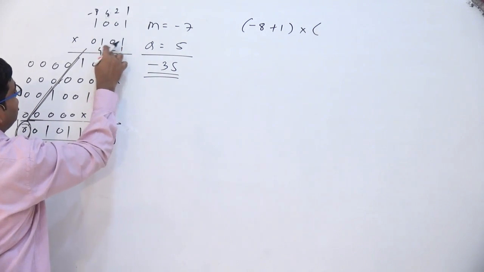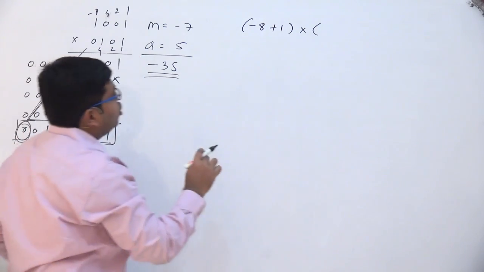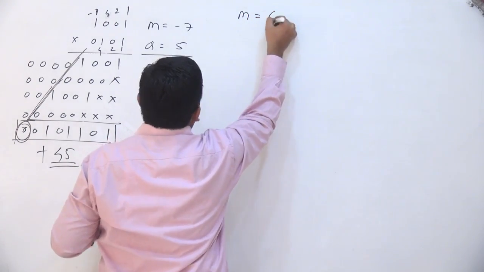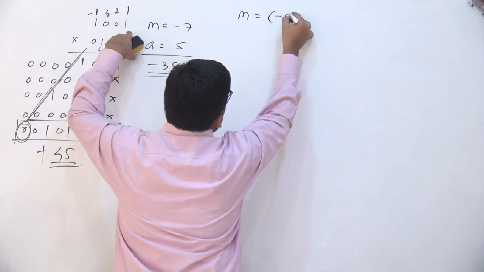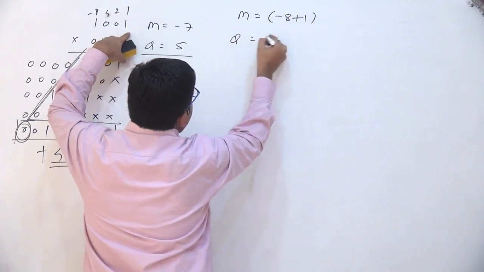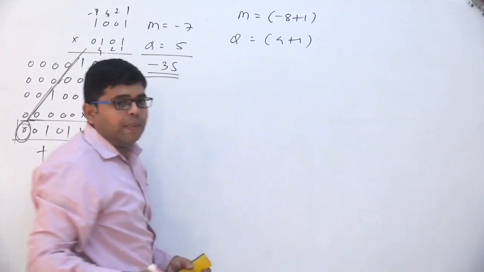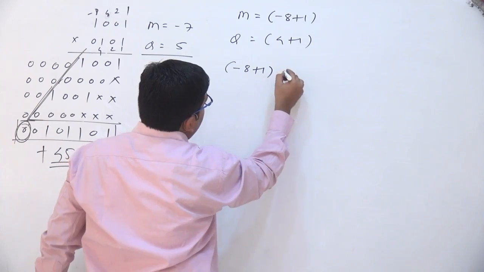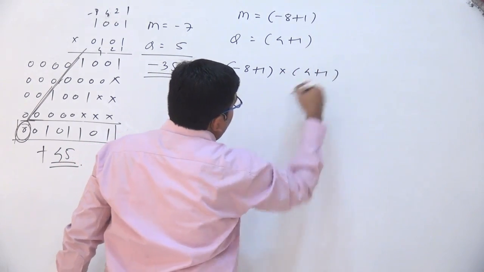This 1 represents 4 and this 1 represents 1. So the multiplicand is equal to minus 8 plus 1 and the multiplier is equal to 4 plus 1. Therefore we are multiplying minus 8 plus 1 with 4 plus 1.